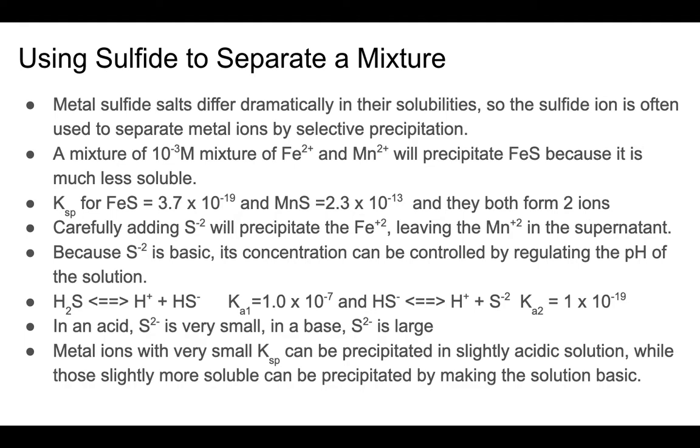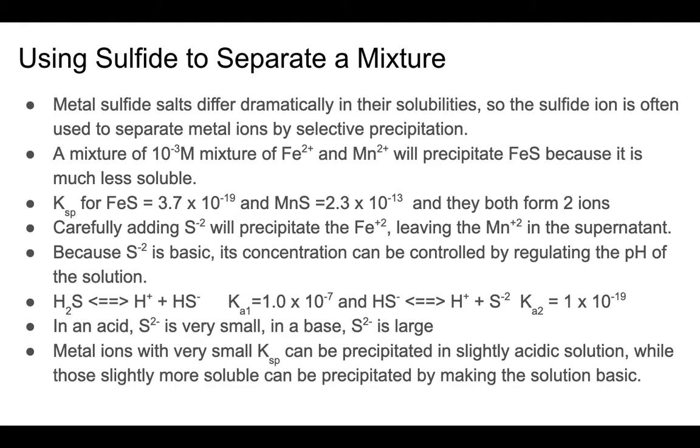So if you look at these two equilibria, in an acid, S minus 2 is going to be very small, because you add H plus and you're going to shift the equilibrium towards HS minus and then towards H2S. But in a base where you're taking H plus out of solution by reacting with OH minus, there's going to be a lot of S minus 2.